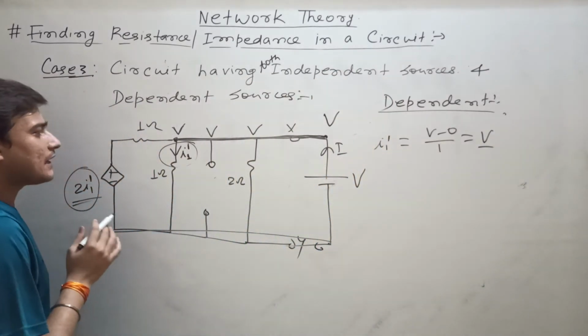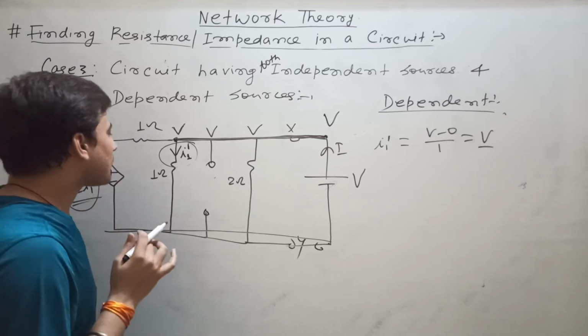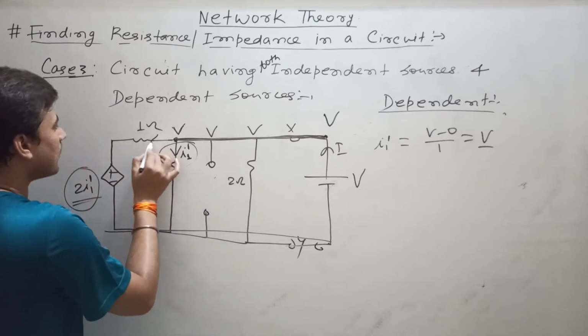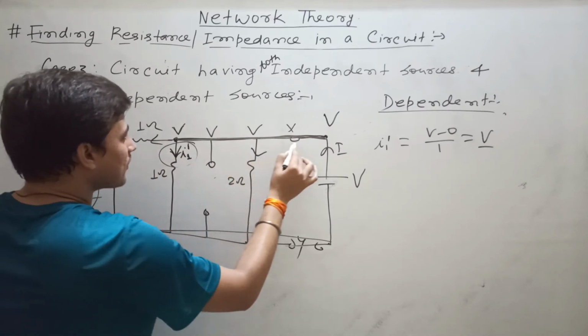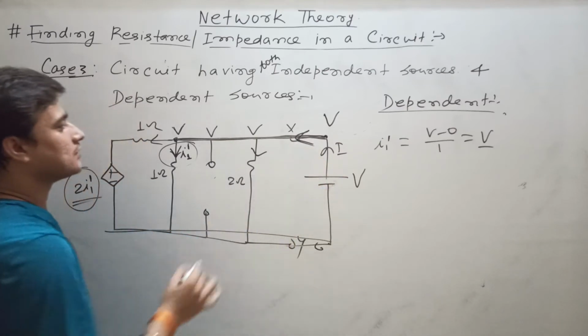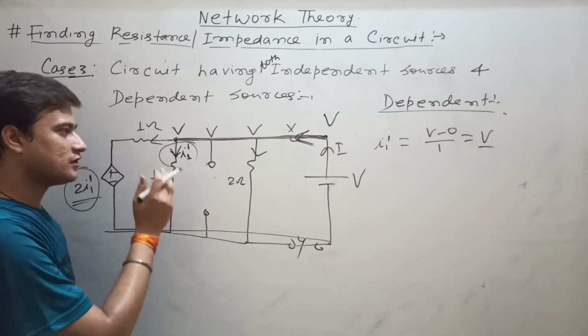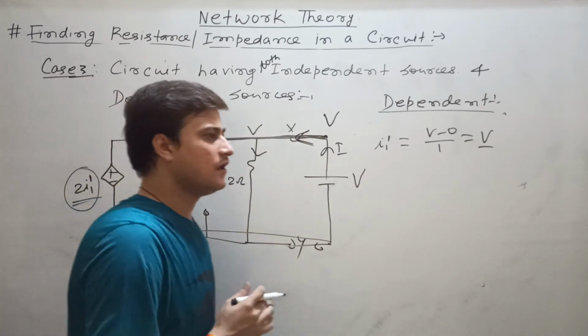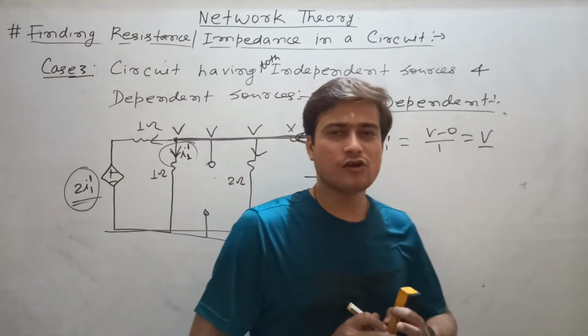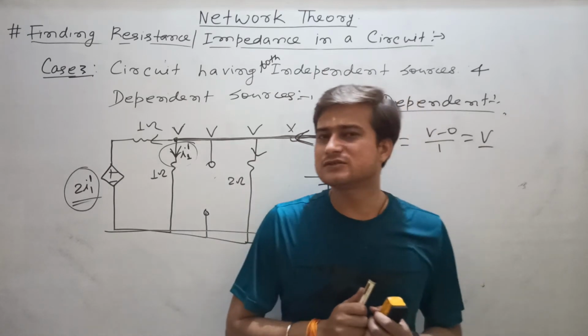Now what will you do? Apply Kirchhoff's current law. If you are applying Kirchhoff's current law, you are having one branch, second branch, third branch, and fourth branch. So let us take outgoing currents as positive and incoming currents as negative. Now your question will be, sir, why are you taking outgoing currents as positive?